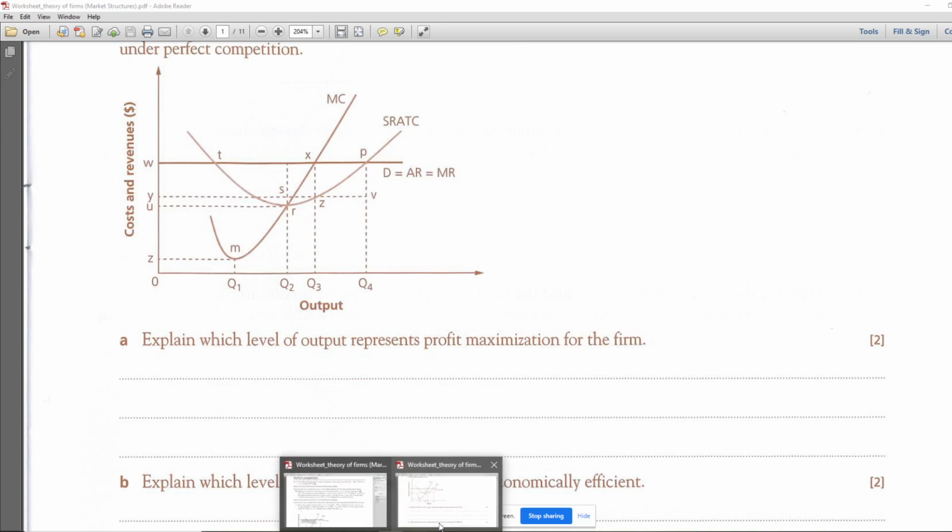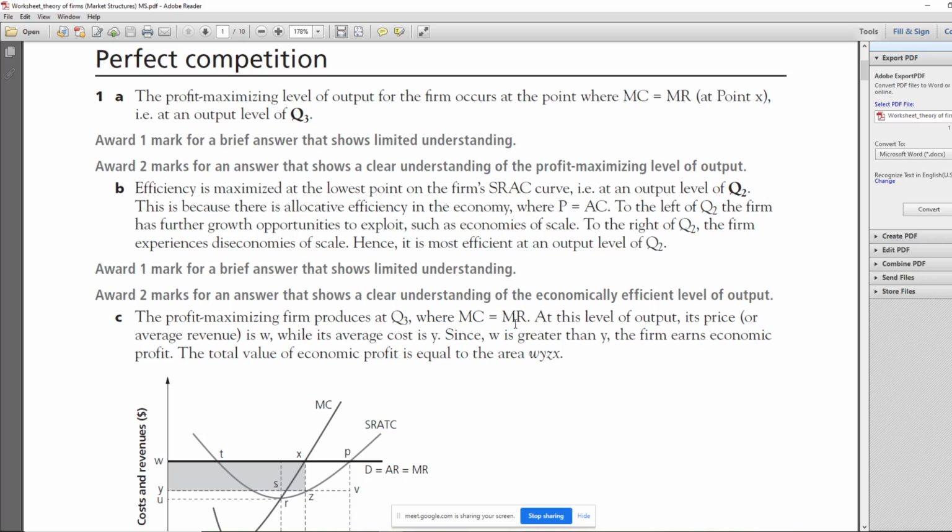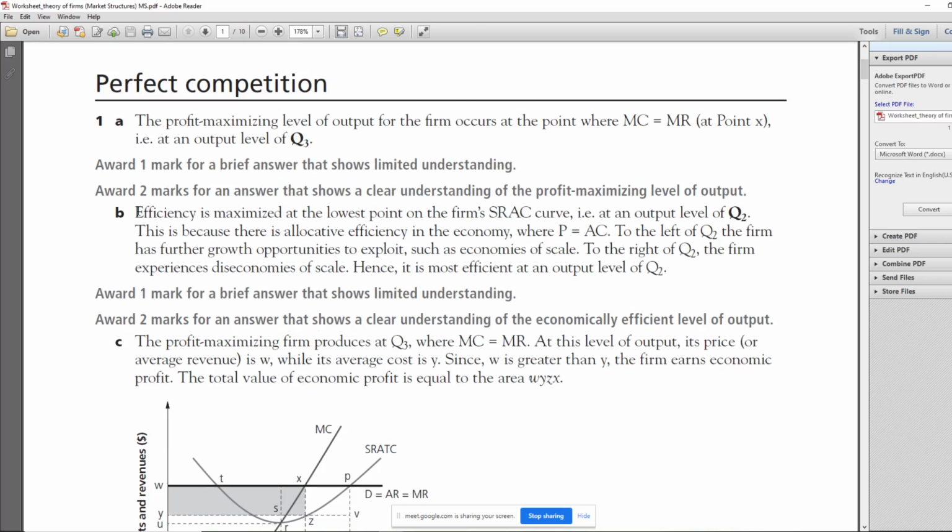Later on I will put up the answer here, and the answer for B here is incorrect. So when you are reading the answer, be careful of 1B, because what it says here is not correct.